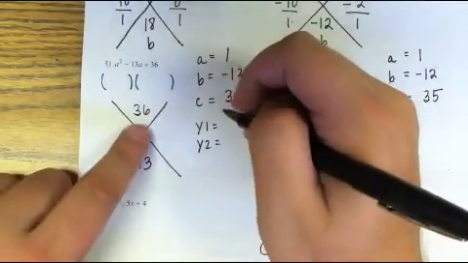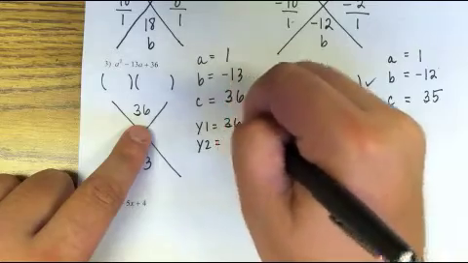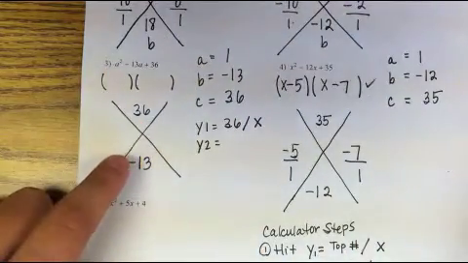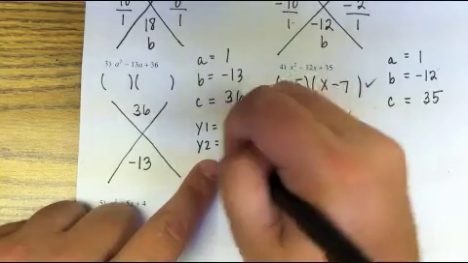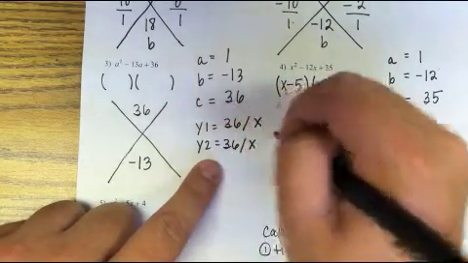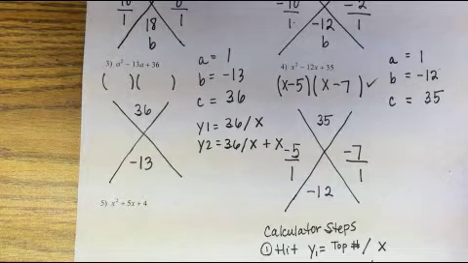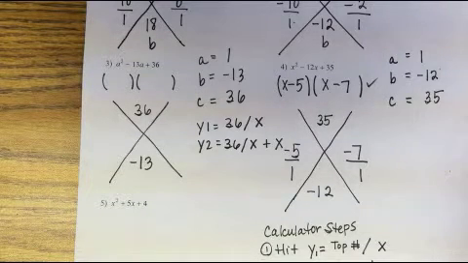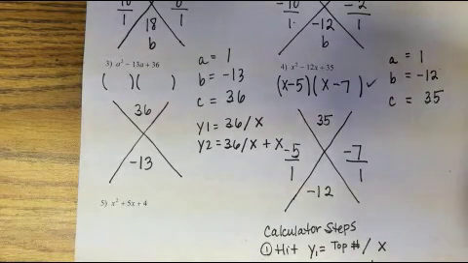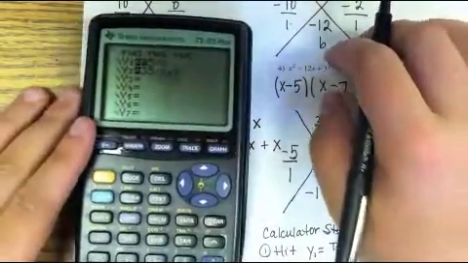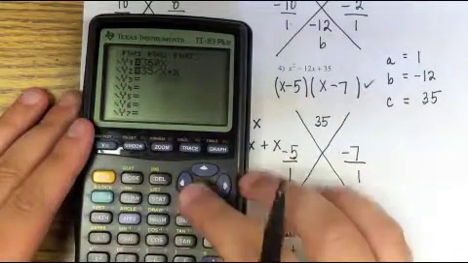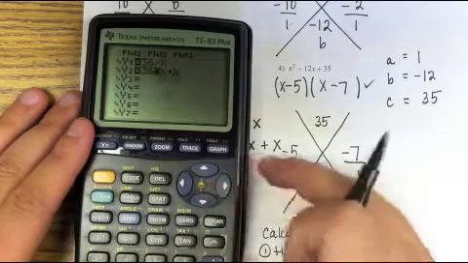Right, in y1 it's going to be the top number 36, divided by x. And in y2, you're going to type the same thing, 36 divided by x, except you're going to add an x to that. So let's go ahead and type that in. All I need to do is just change this 5 to a 6. Same thing with this one.